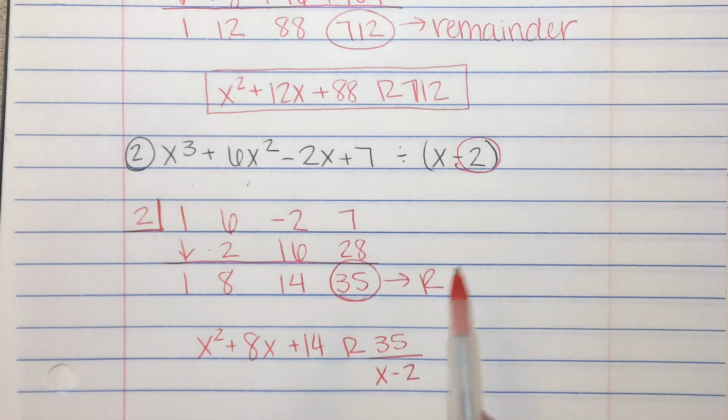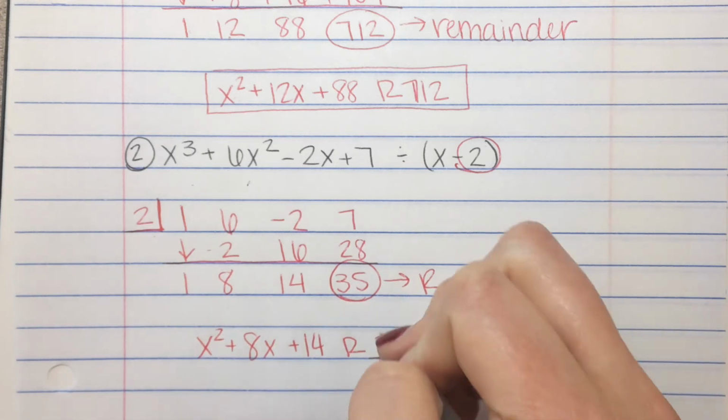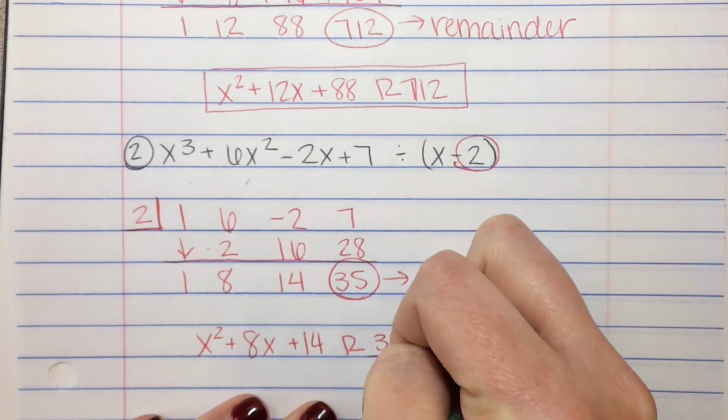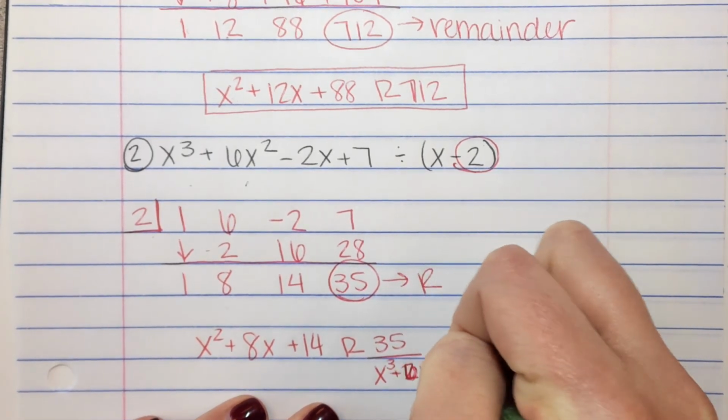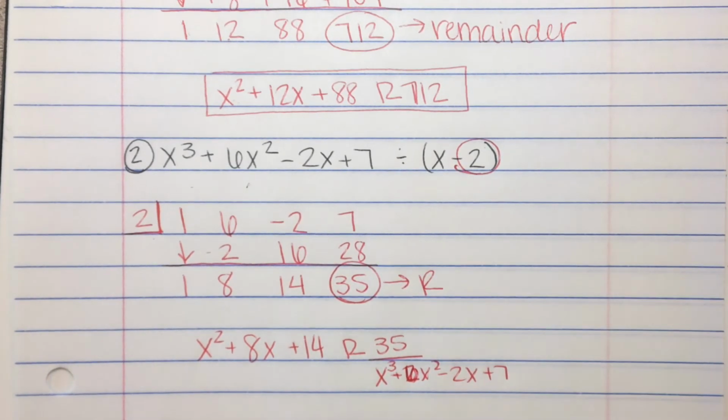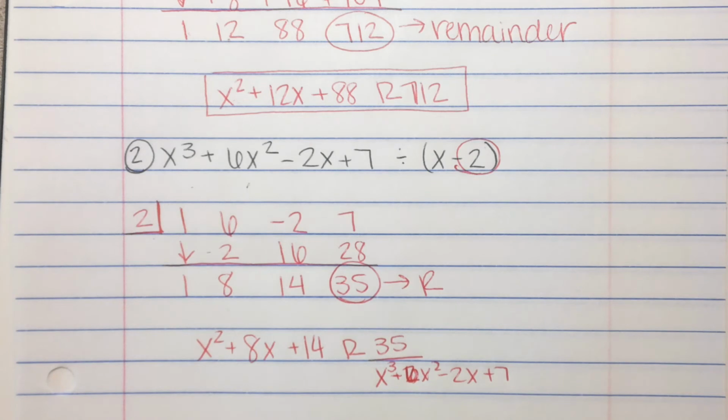It's not 35 out of that. It's 35 over this x cubed plus 6x squared minus 2x plus 7. Sorry, I was looking at the wrong thing. So just remember, you can write your remainder as a fraction, okay? But you guys should be used to that because we've done it the past 2 days with long division.